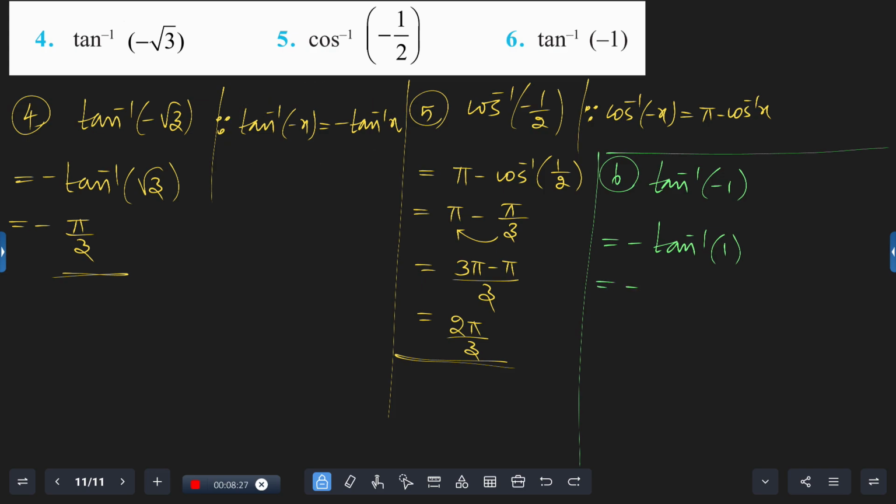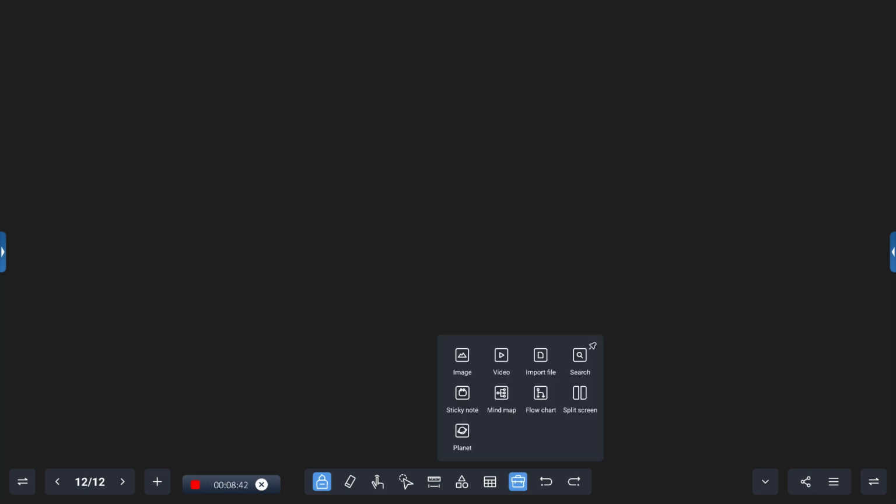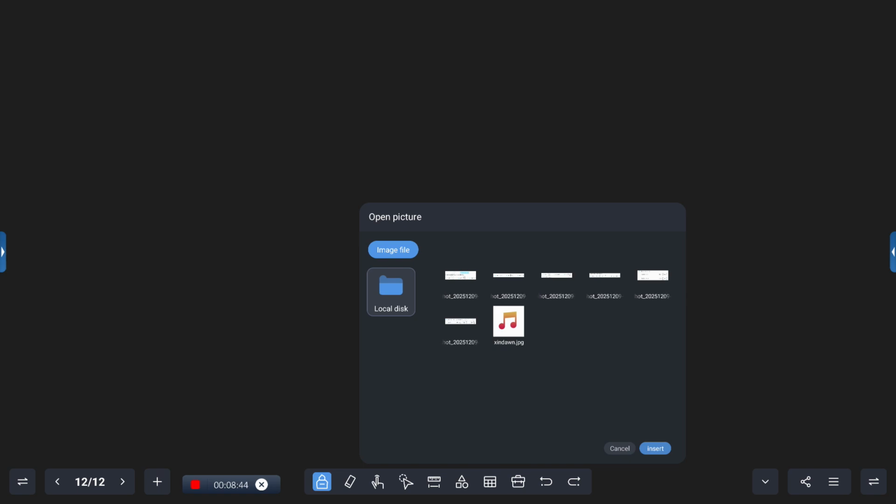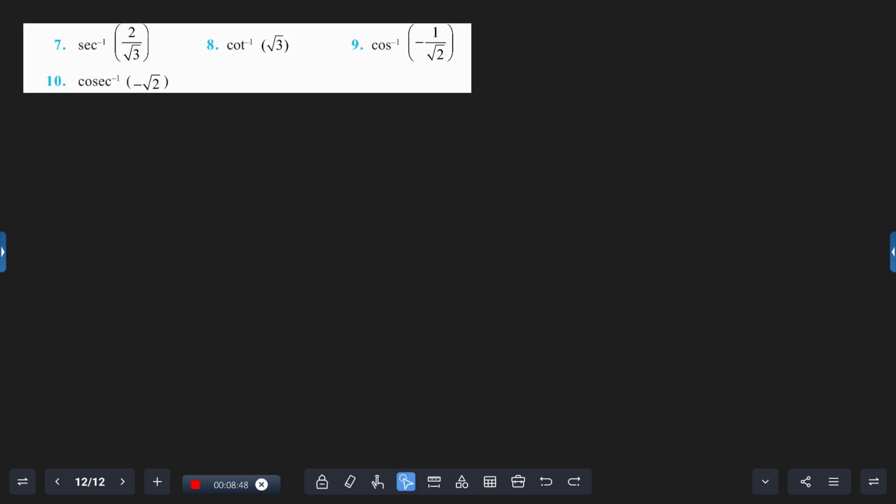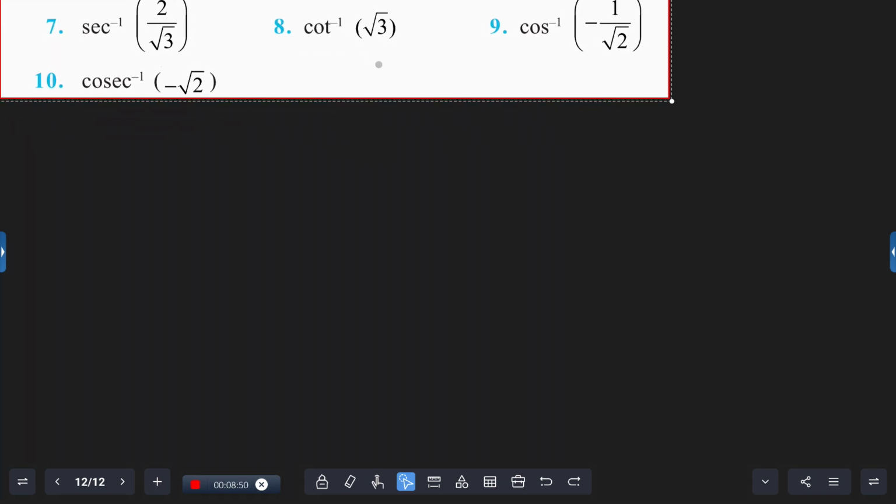So for what angle will you get 1 in tan? 45, which means pi by 4. Understand? That's it. So all this is very easy; either MCQ or 2 mark questions they will be asking. Understand? And question number 7 is a continuation of the principal value.